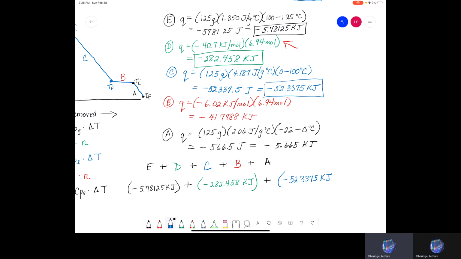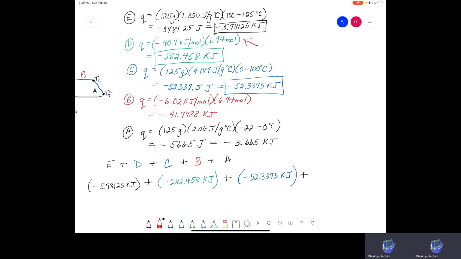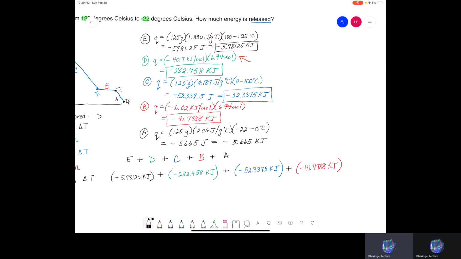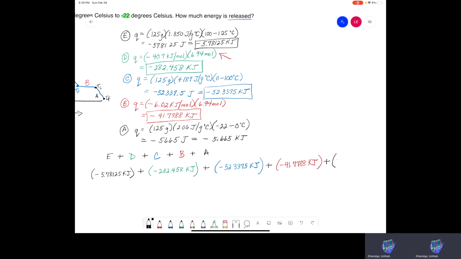Right here. Plus B, which is minus 41.7788 kilojoules. Right here. And then the last one is going to be A, minus 5.665 kilojoules.